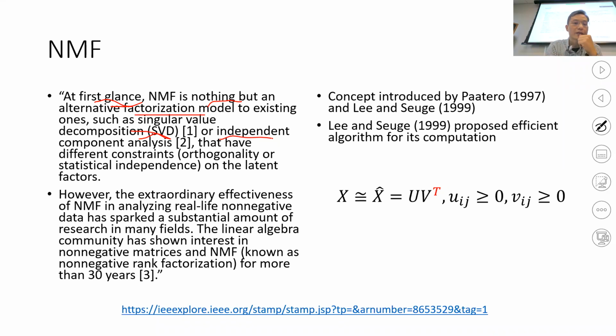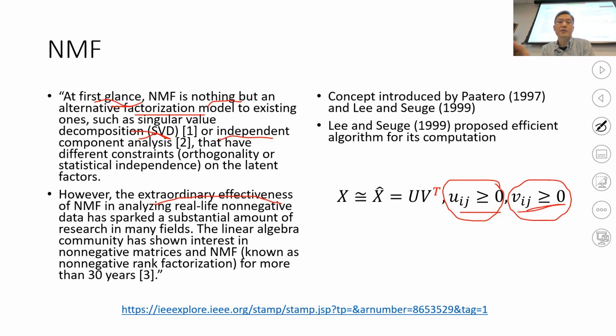Well, it looks easy. But because of this constraint, you require all the elements in your decomposed matrix to be non-negative. So this constraint actually makes the computation even harder.